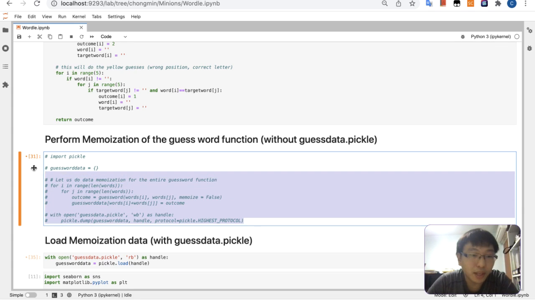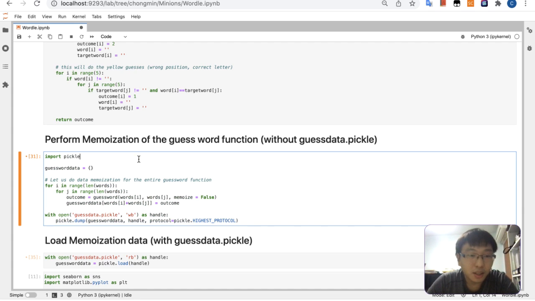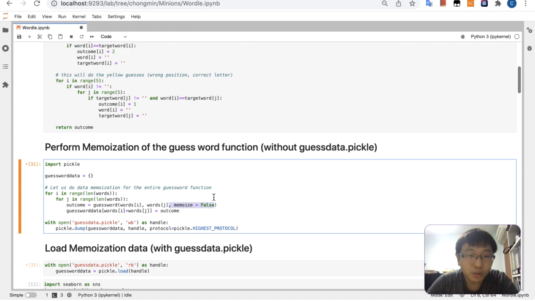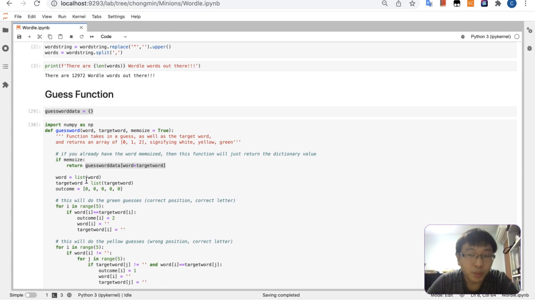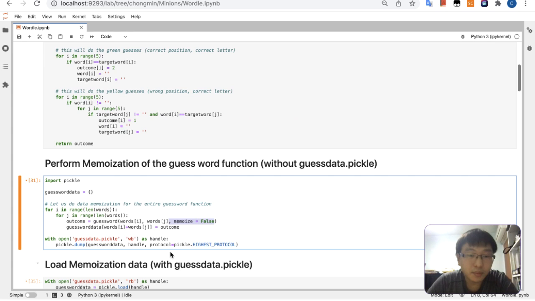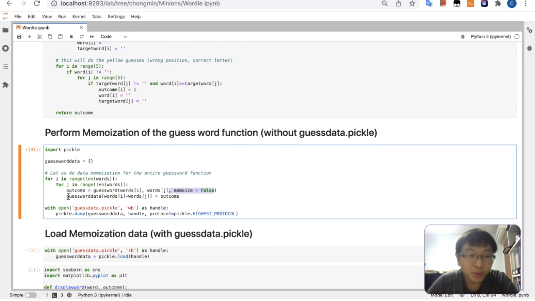Basically, if we run this function here, we will look through all possible words, the first word and the second word, and put memorize equals false, which means that we will actually calculate this thing here. Then after that we will put this in the entire super giant dictionary that has the two words concatenated as the key.